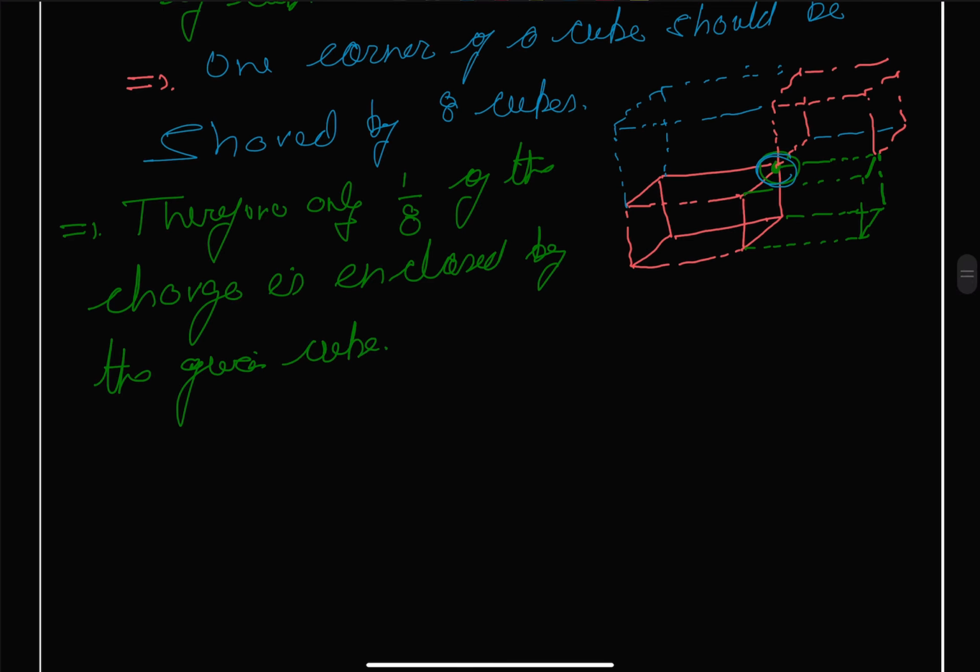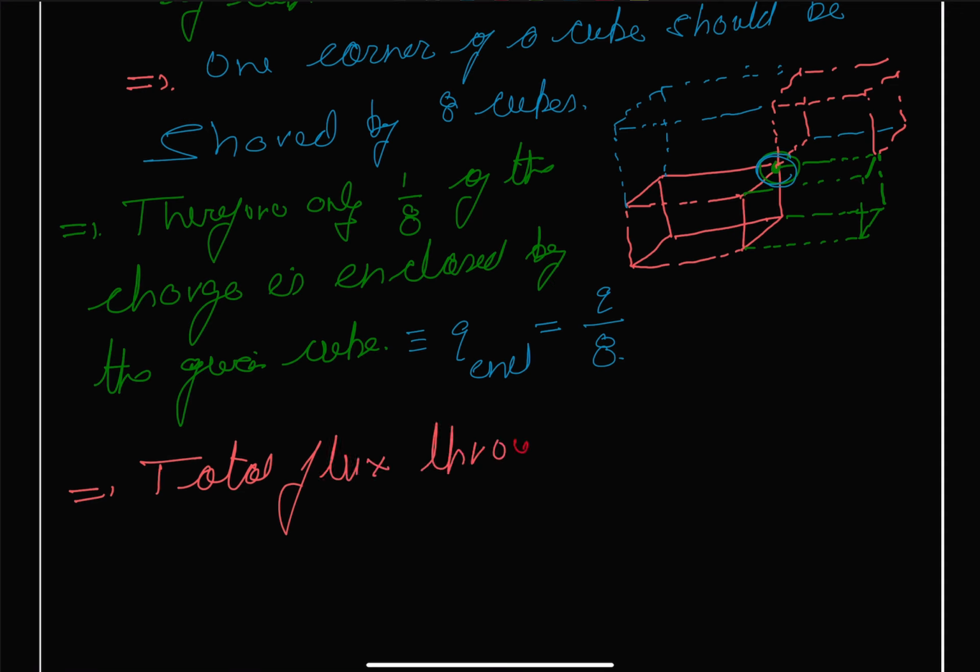So you can say our charge enclosed will be equal to total charge divided by 8, and the flux, the total flux through the given cube, we can write as phi cube.